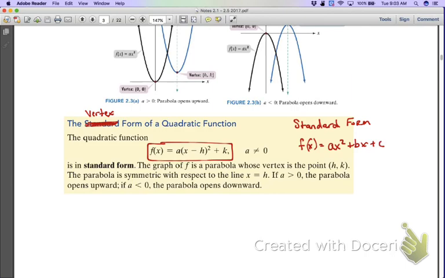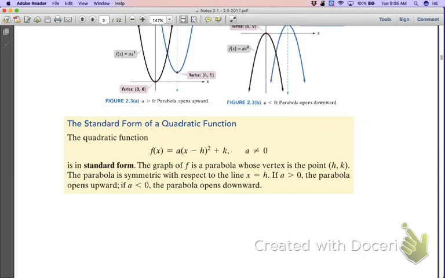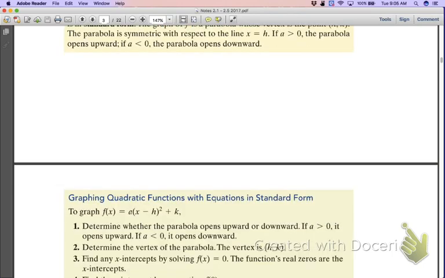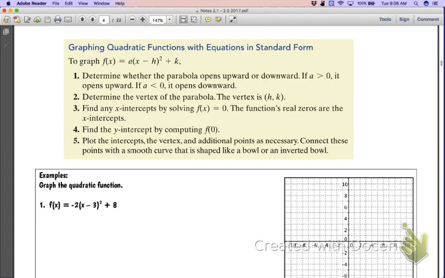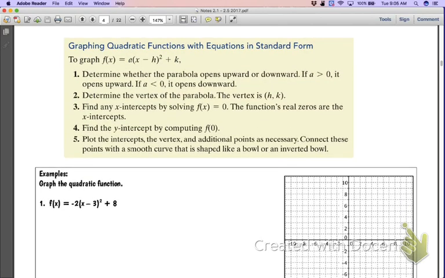They may call it general form, but that's not vertex form, because we can always find the vertex with the other one, and standard form is when it's in that ax squared plus bx plus c. So either way you can graph it.